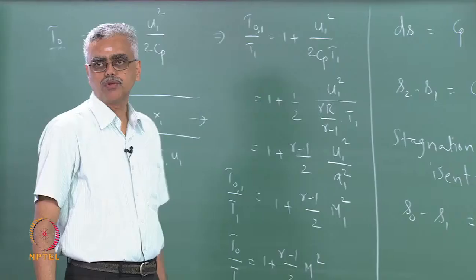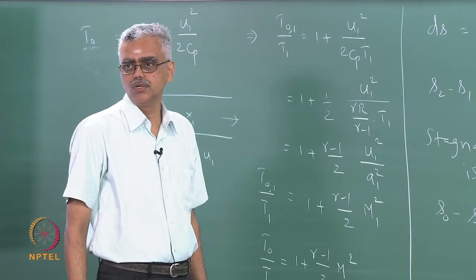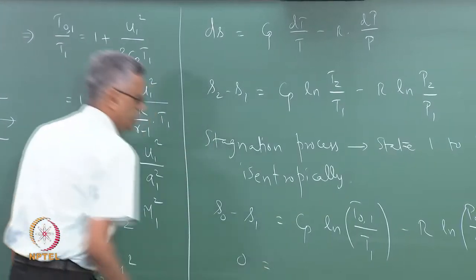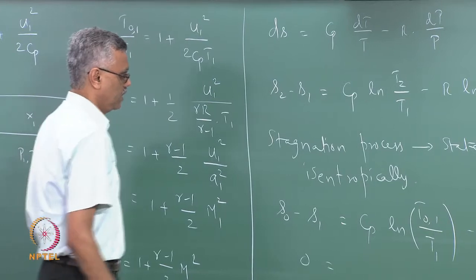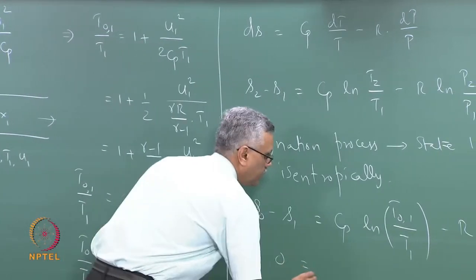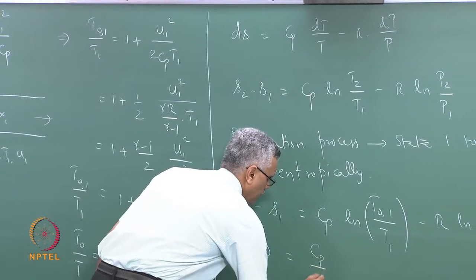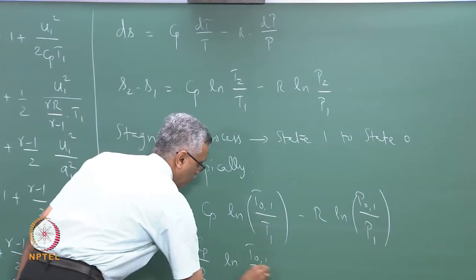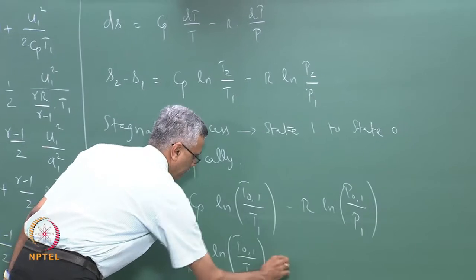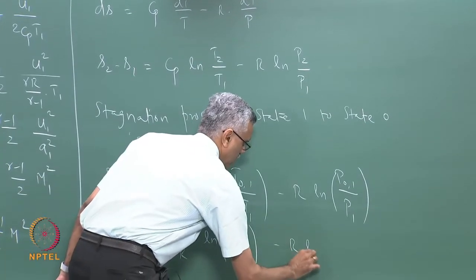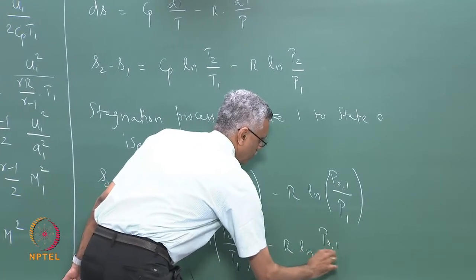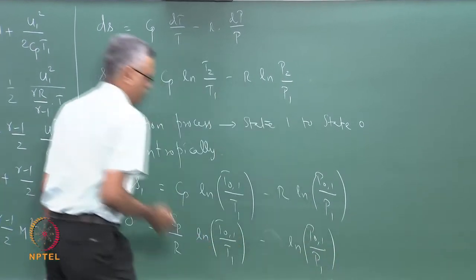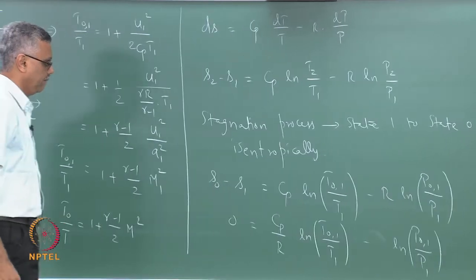Since the process is isentropic, S0 is equal to S1, so the left hand side becomes equal to 0. So 0 is equal to Cp divided by R natural log T01 over T1 minus natural log P01 over P1.